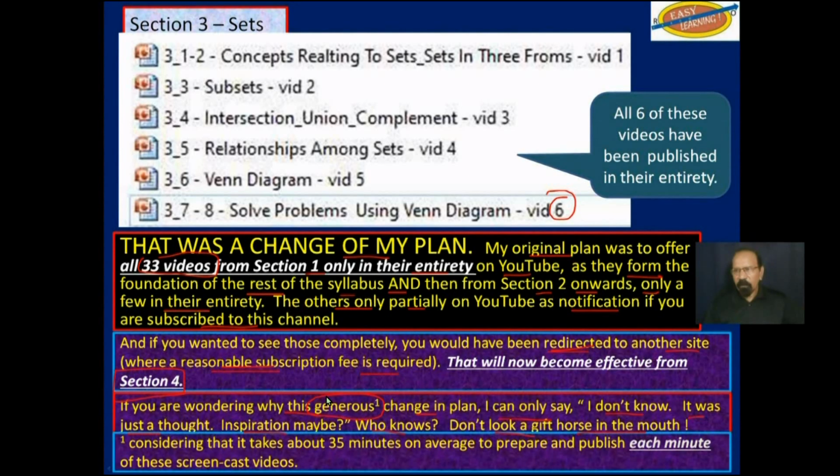Now, why I use the word generous here, you may not realize it, but it takes about 30 minutes on average to prepare and publish each minute of one of these screencast videos, about 35 minutes, including the PowerPoint preparation and then the screencast capture and joining them together, editing, and then publishing.